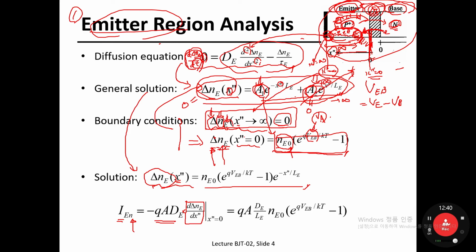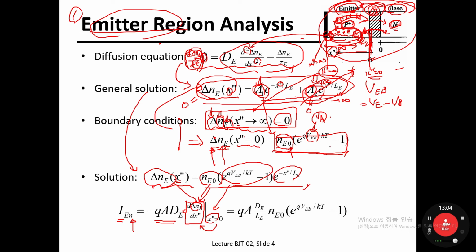Okay, so just plug in the delta n of e, the equation above, into here, and take one single derivative and plug in the 0 value into x2 prime. Okay, you can do that, since this is constant with respect to x2 prime. However, this guy is a function of x2 prime.